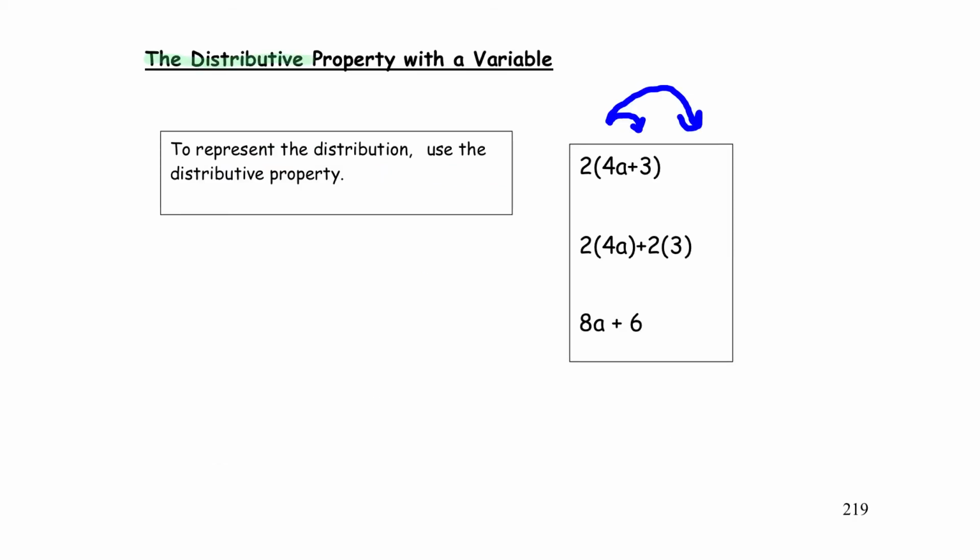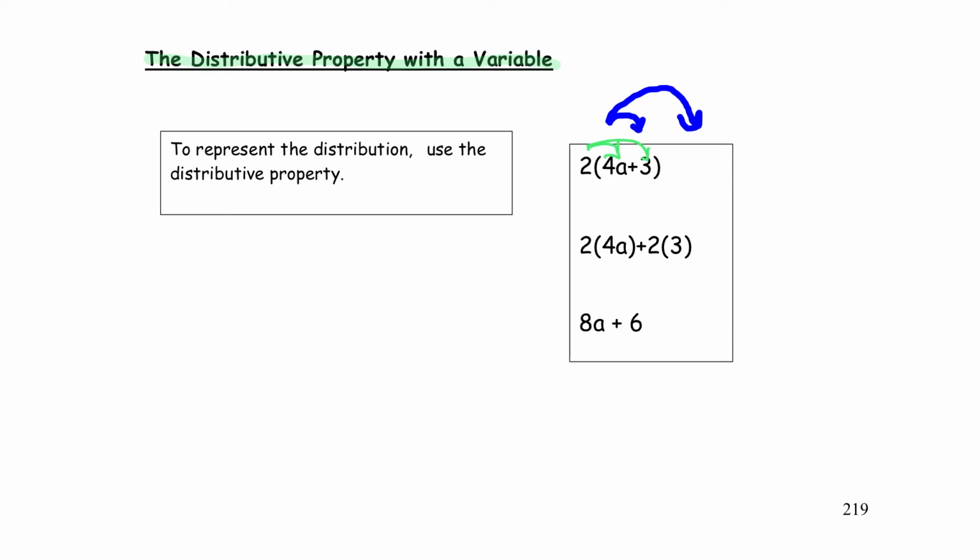The distributive property with a variable. To represent the distribution, use the distributive property. Now notice these arrows here are very important. With the distributive property, we take the number on the outside of the parentheses, and as you can see with these arrows here, we apply them here and here.